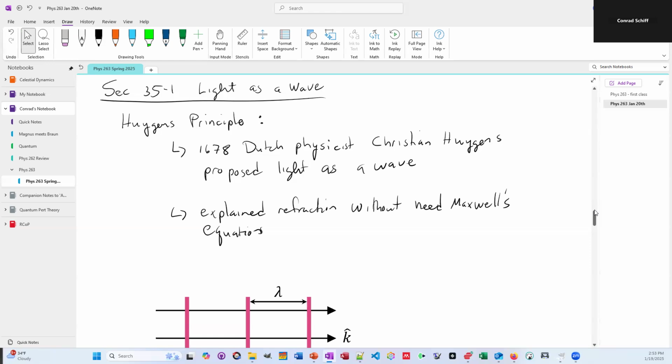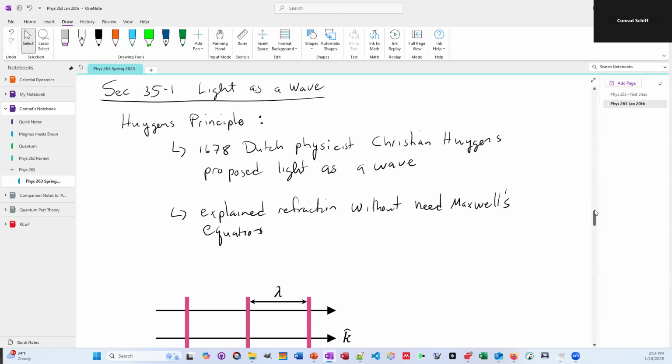You can see into the 20th century, people using Huygens principle to understand what was going on in the kind of wave mechanics that happen in quantum mechanics.